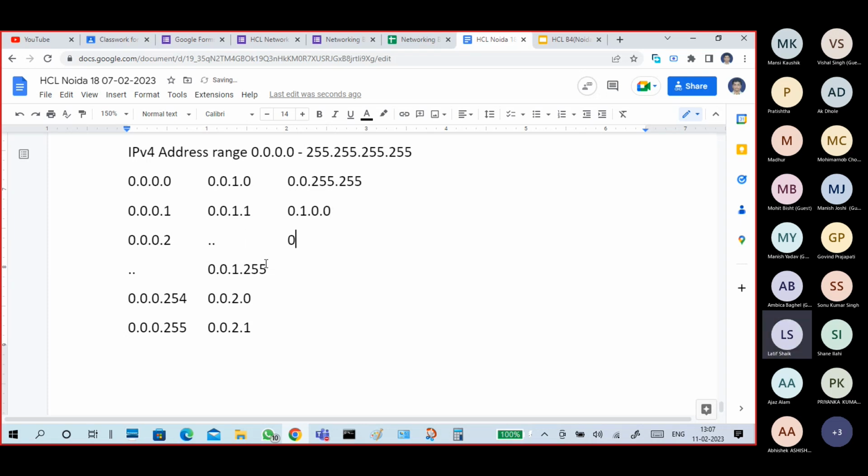It continues 0.1.0.0, 0.1.0.1. Same way 0.1.255.255. Then 0.2.0.0.